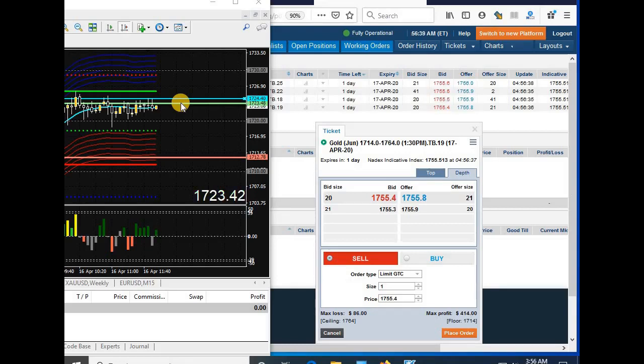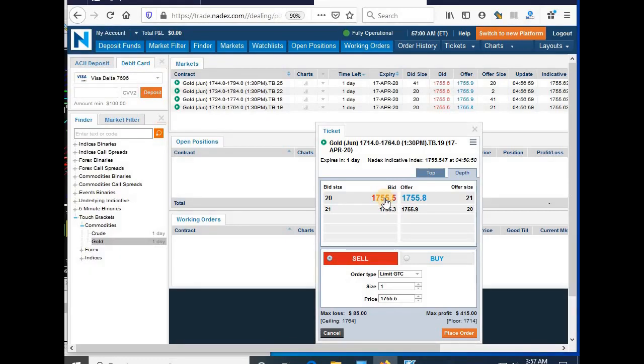So I'm trying to get back up in that area, or maybe just a skosh above. I'm trying to get a reaction to that area. I'm watching my numbers over here, because this is really where I want to get my position, right here.